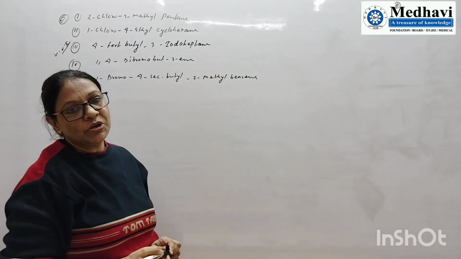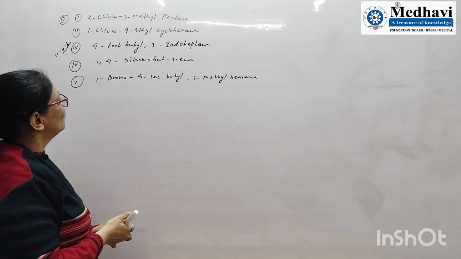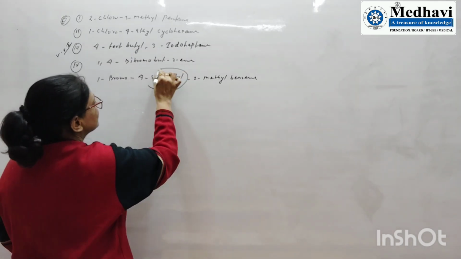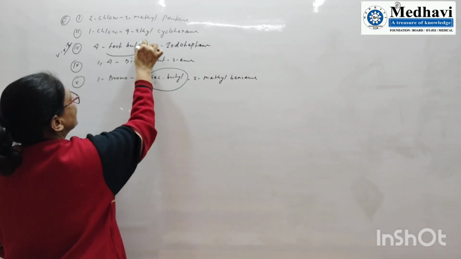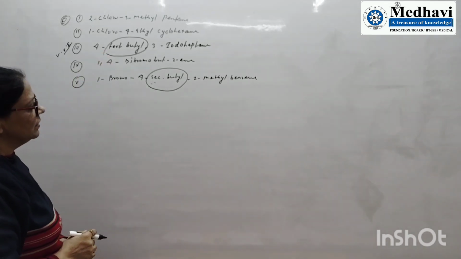So these are the questions. Here one word is secondary butyl, and here is the tertiary butyl. The rest is okay, but these two are the important parts.